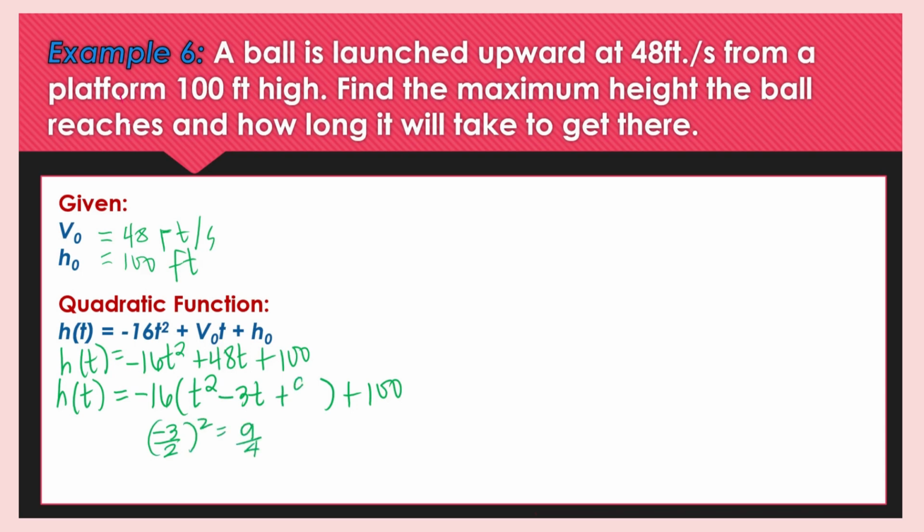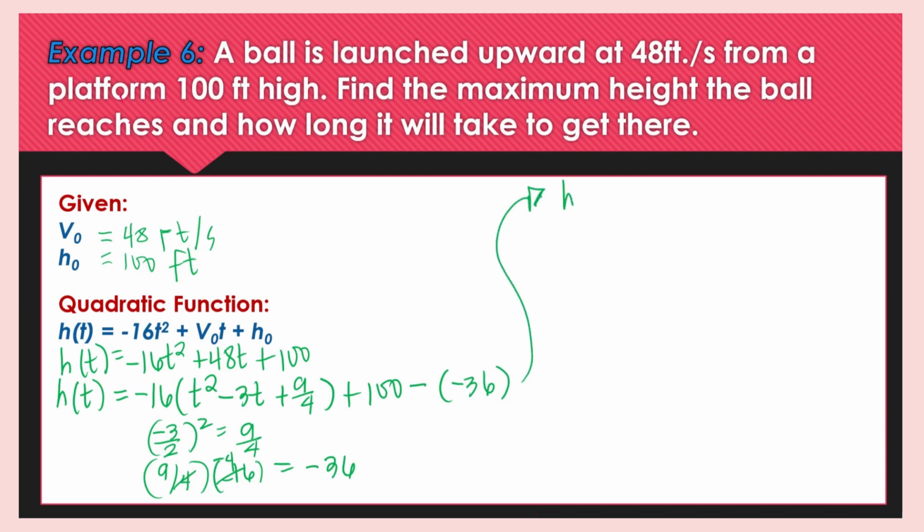Add this 9 over 4 inside the parentheses. And then the 9 over 4 is multiplied by the value of a, which is negative 16. So cancel negative 16 and 4, so negative 4. 9 times negative 4 is negative 36. Subtract negative 36 outside the parentheses.